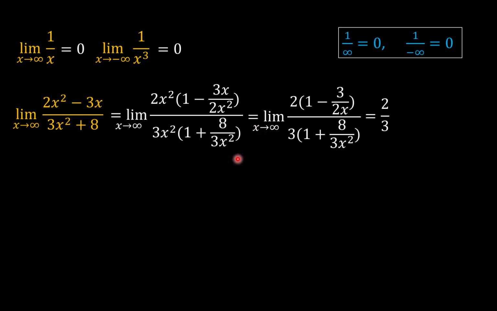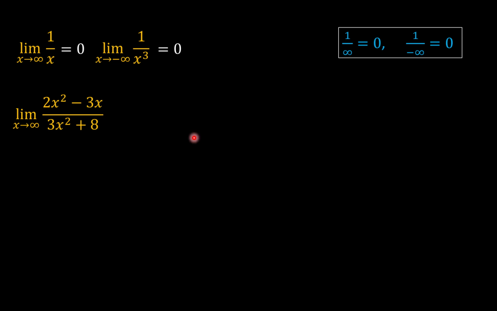The reason you can do that is exactly because of what we did here: when you take out the highest degree terms, the lower degree terms always contribute 0. So let's redo this problem using that idea. Basically you throw away the lower degree terms and you simply get the following, and then cancel out x squared, and then the answer is 2/3.